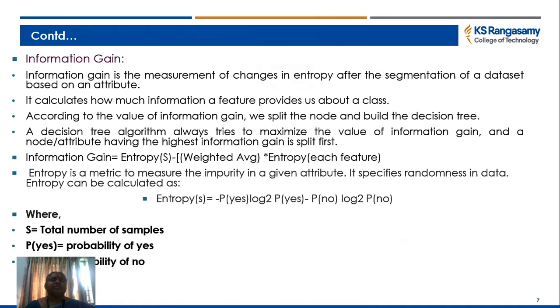It calculates how much information a feature provides us about a class. According to the value of information gain, we split the node and build the decision tree. The decision tree algorithm always tries to maximize the value of information gain, and a node or attribute having the highest information gain is split first. So information gain equals entropy of S minus the weighted average times the entropy of each feature.